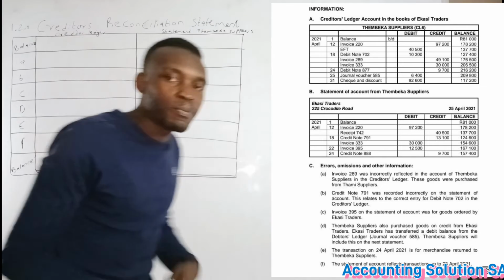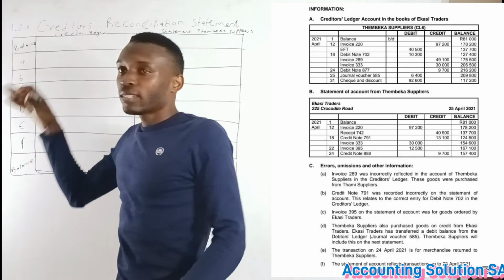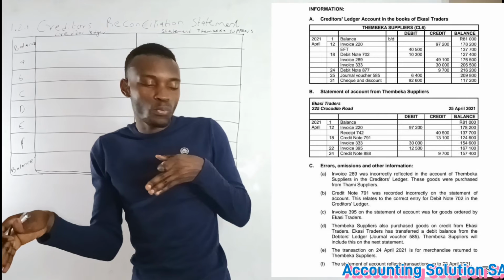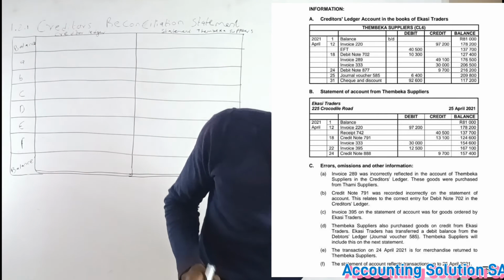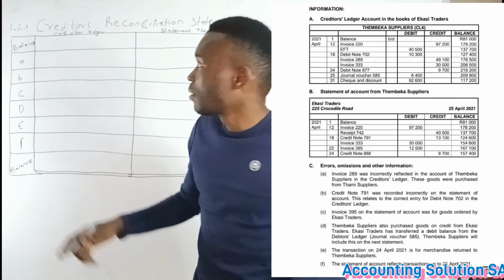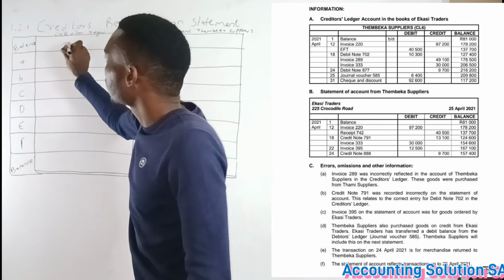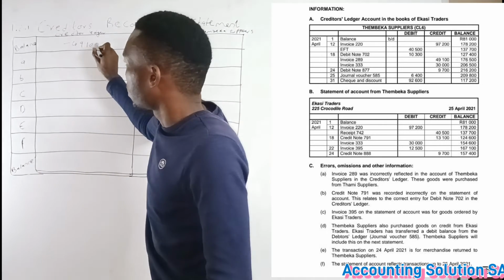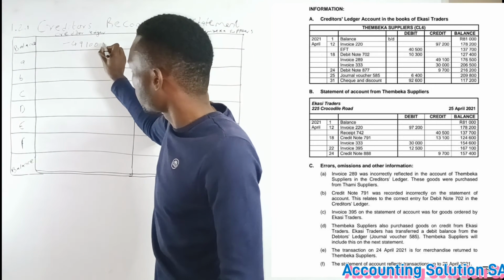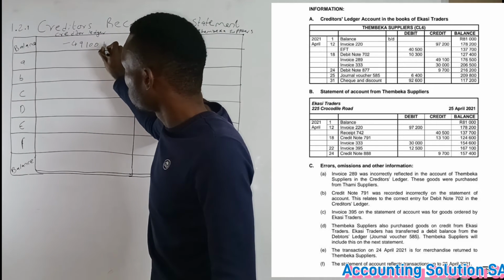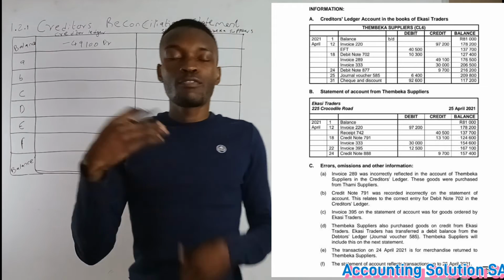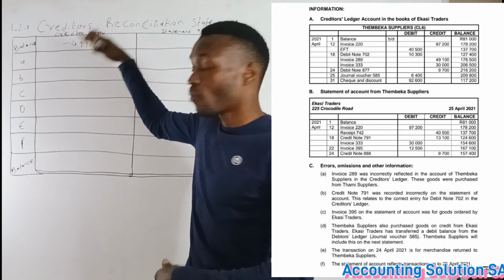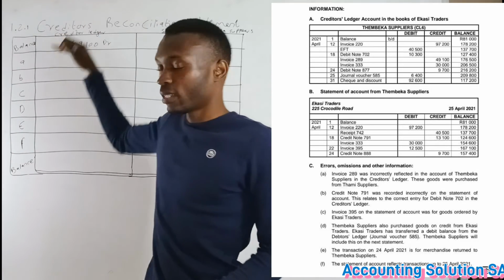So if we were preparing a creditors ledger in terms of debit and credit, obviously we were going to debit it because it was credited. In this case, we're going to say minus 49,100, or you can say it's supposed to be debited if you are using the other format than the one that we've been given.